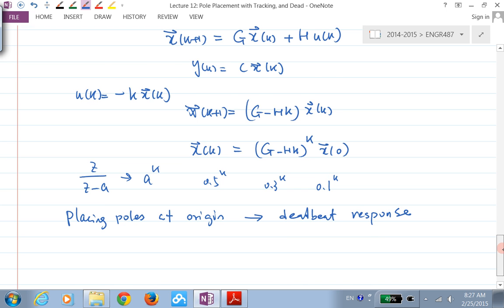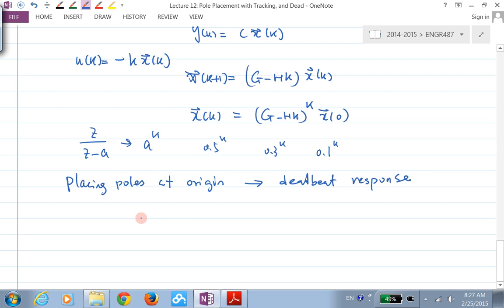More precisely, the description is x of k. The deadbeat response is all about how fast you can bring x of k from the initial condition back to 0.